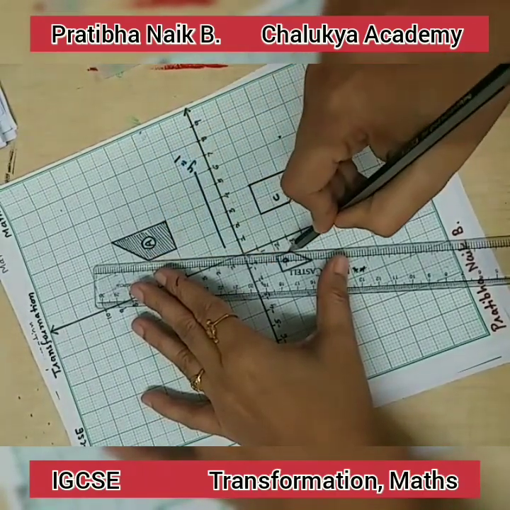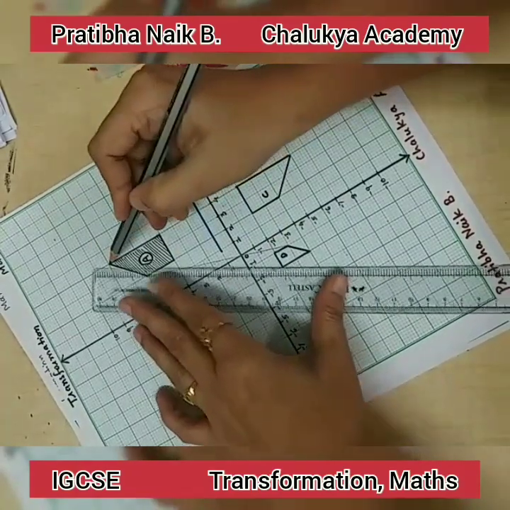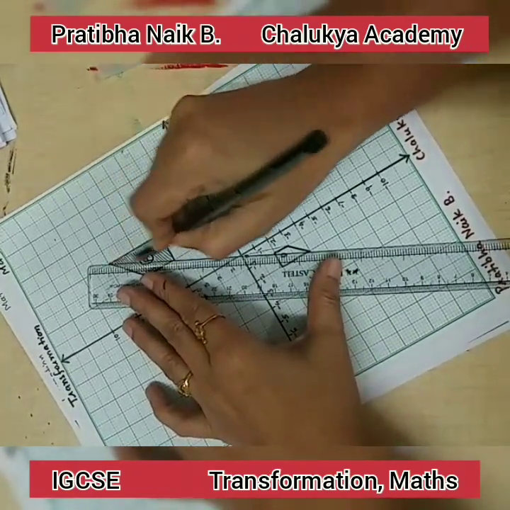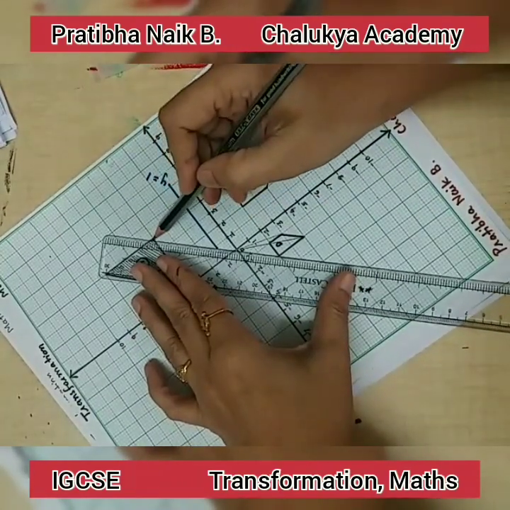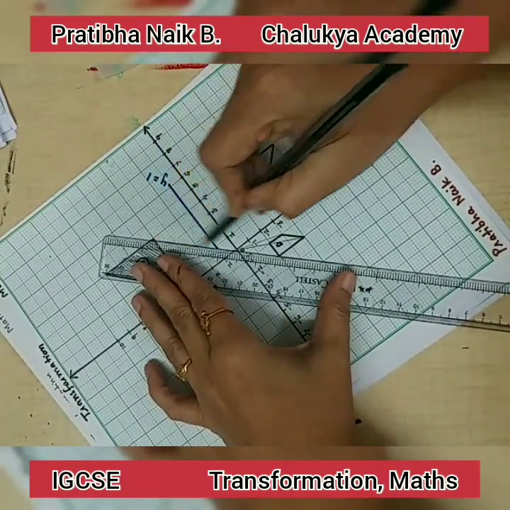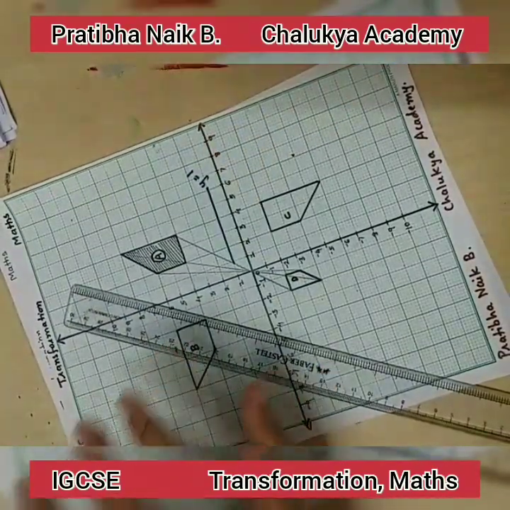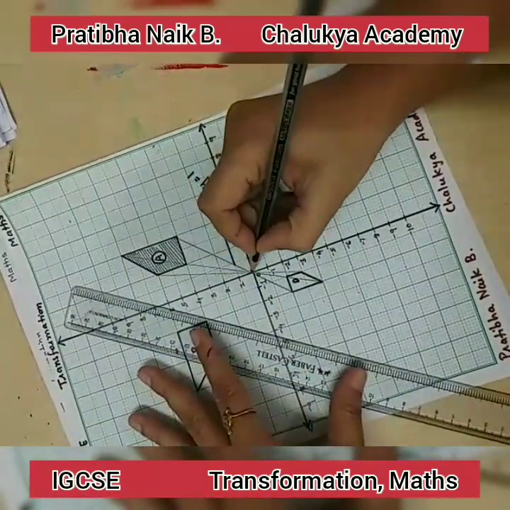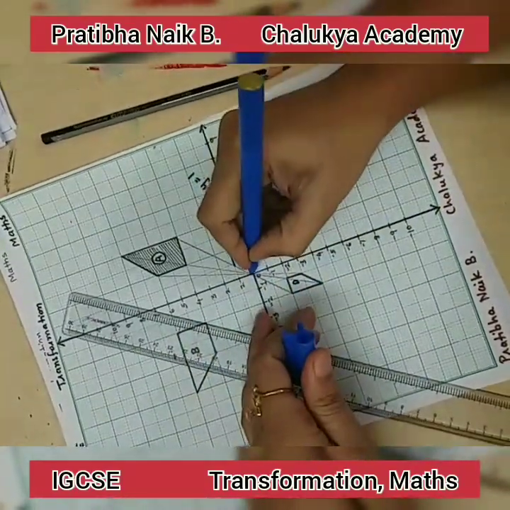We just need to join the corresponding points. So here this is the tip of the object, so I am just joining here. Next we can go here. So maximum 2 or maximum 3 lines will give you the idea of the origin. Now see here, this is the origin where all the 3 lines are intersecting each other.